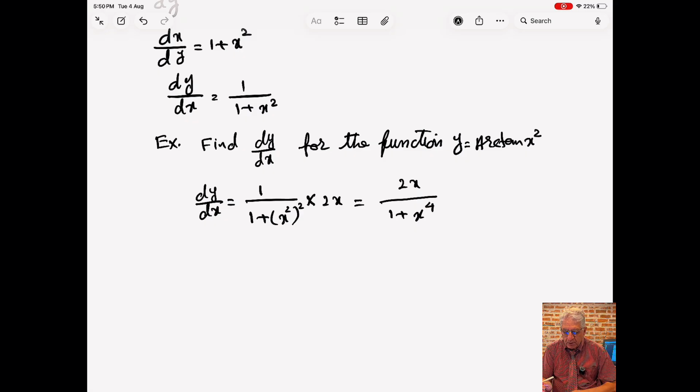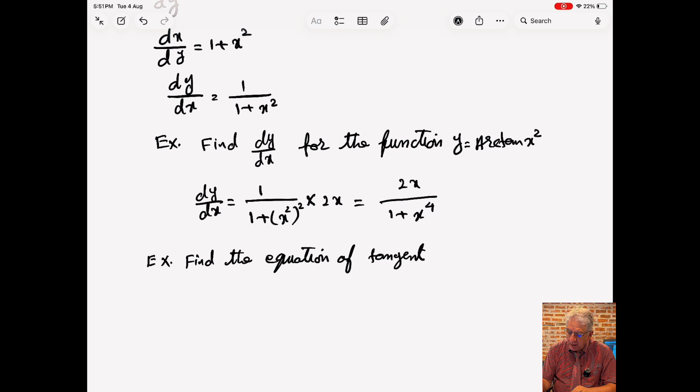Now, you can give another example. Find the equation of the tangent line to the curve y equal to x times arc tan of x at x equal to 1.